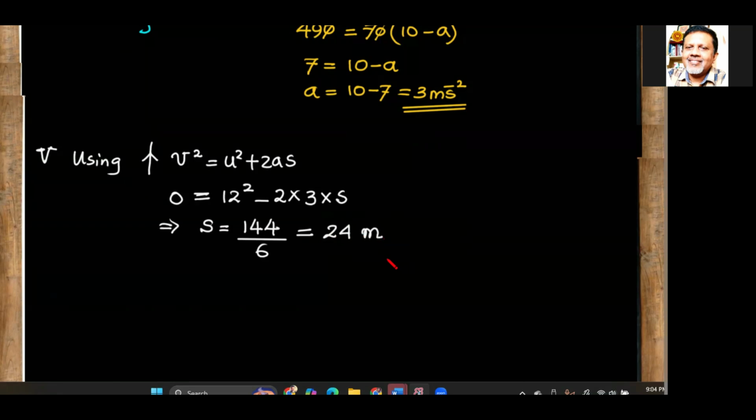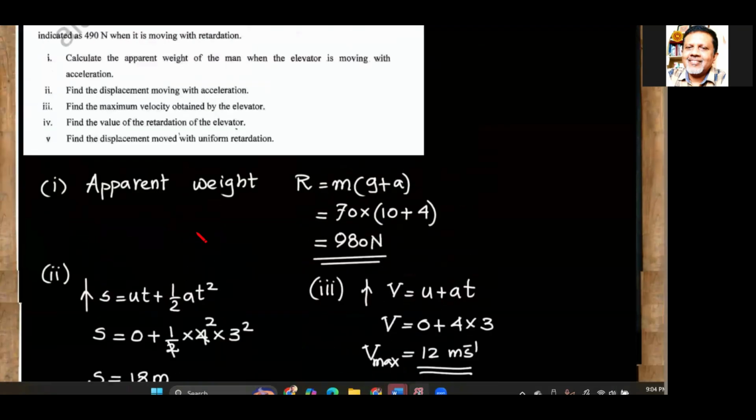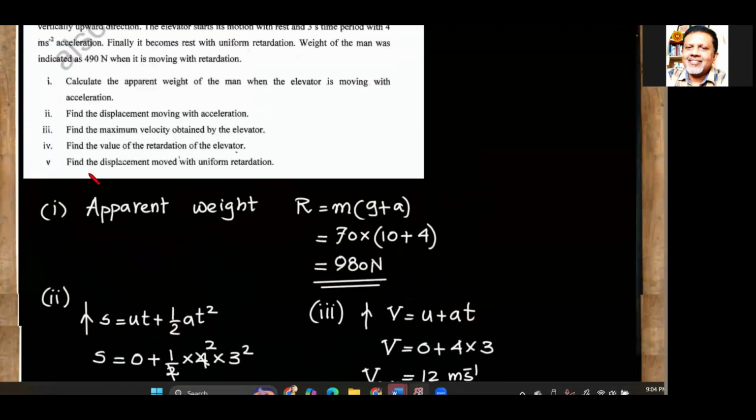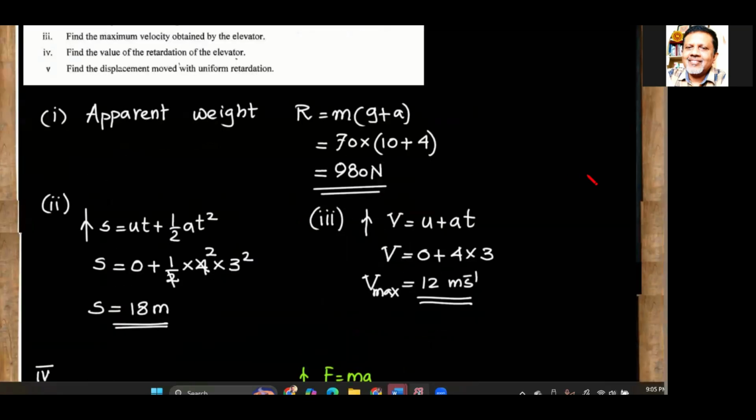It should go up with the decreasing velocity, or deceleration or retardation, 24 meters. So that is the last part of that question: find the displacement moved with uniform retardation.